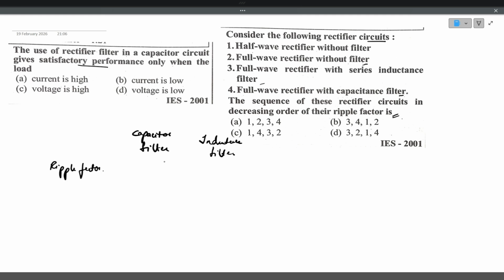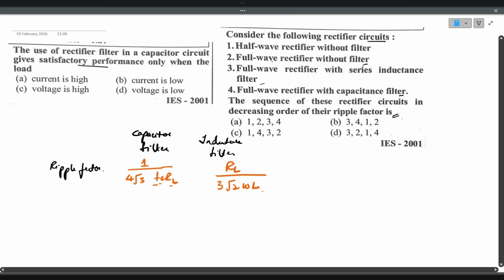The ripple factor for a capacitor filter is 1 divided by 4 root 3 f C RL. C is the capacitance, RL is the load resistance, whereas f is the frequency of the input signal. The ripple factor of the inductance filter is RL divided by 3 root 2 omega L. Omega is nothing but 2 pi f. Okay, this is the ripple factor formula.